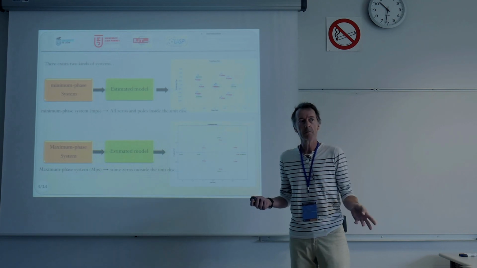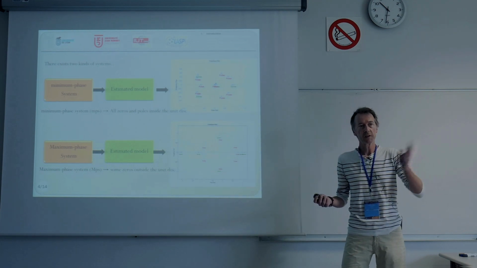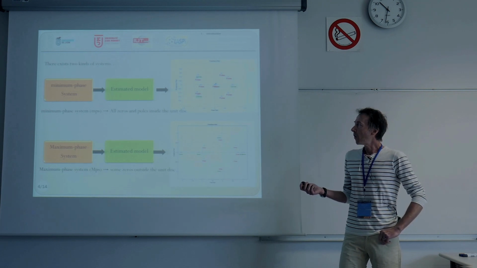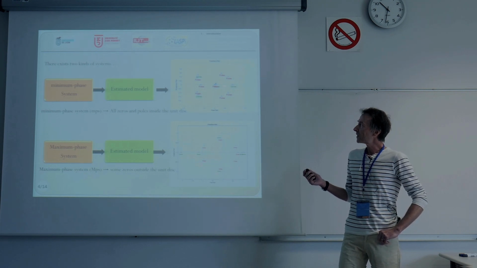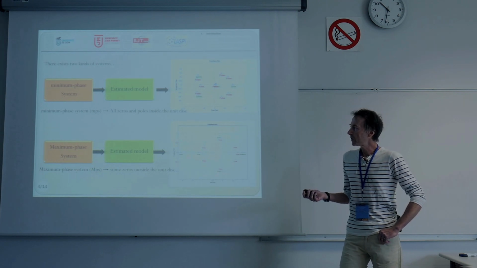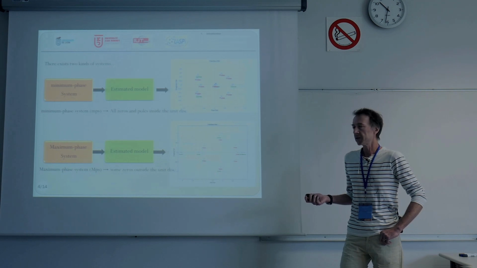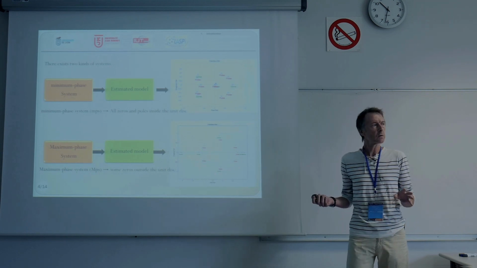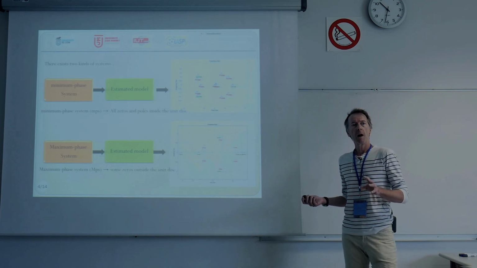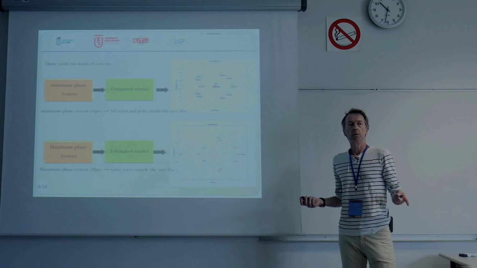So this is the first step, and in fact there exist two kinds of system. The minimum phase system has all zeros inside the unit disk. But there exists the maximum phase system, where some zeros are outside the unit disk.